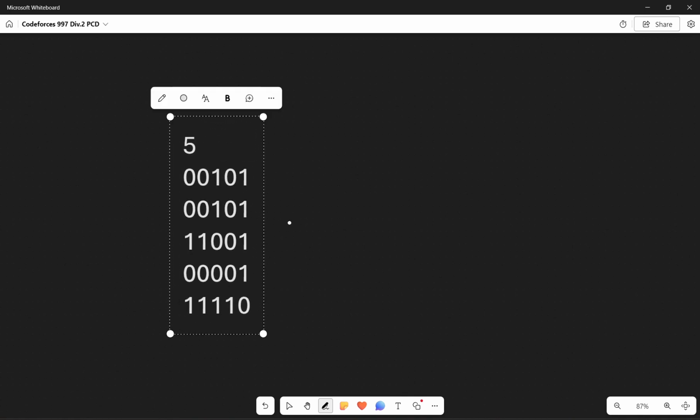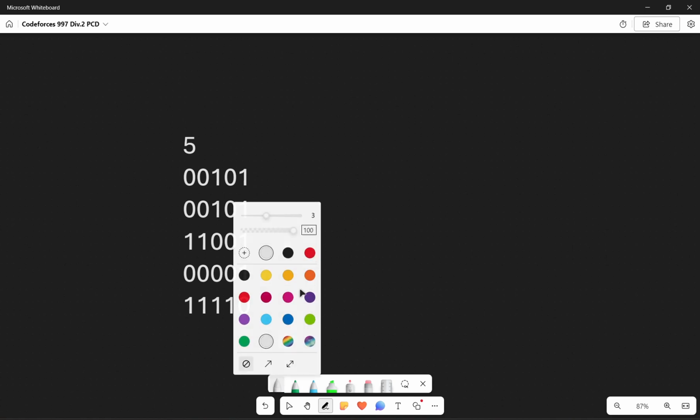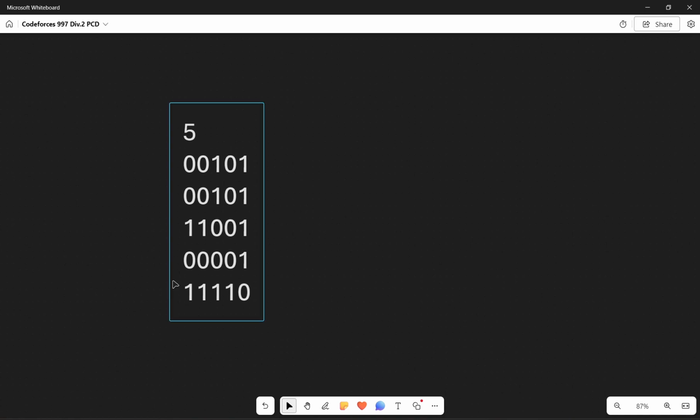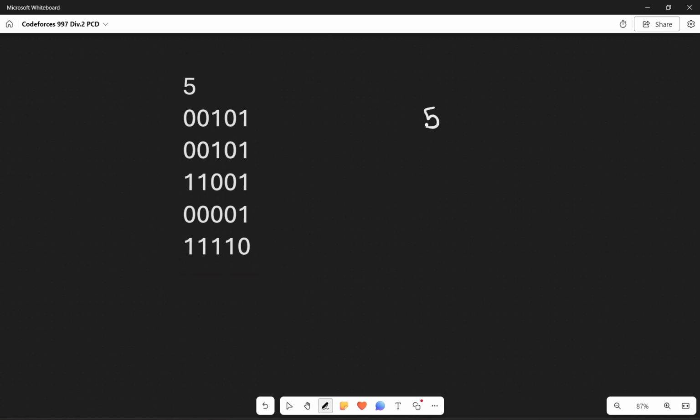So what I can notice here is that, focus on the position of 5. I can see that there exists an edge between all the elements and 5, right? So basically there is nothing on the right of 5.